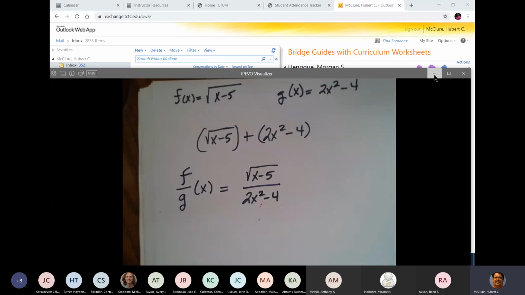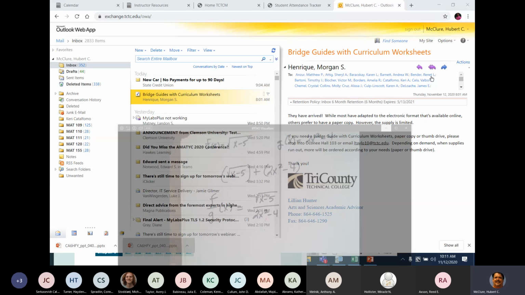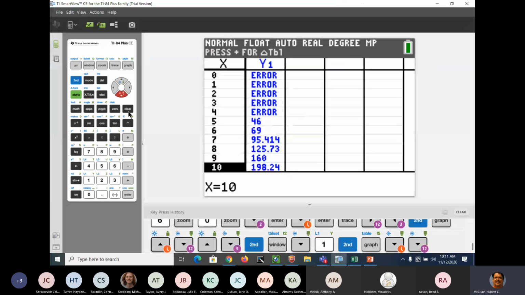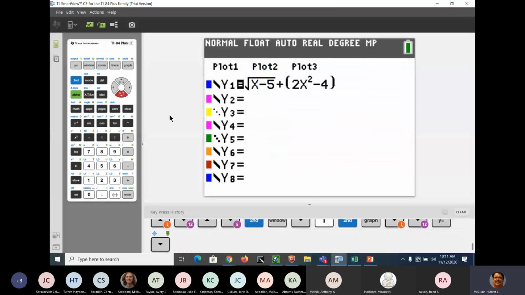Well, hold on, I've got to find my calculator. So we'll graph that, and that'll be magenta. And we'll do the same thing, except just put a division symbol.